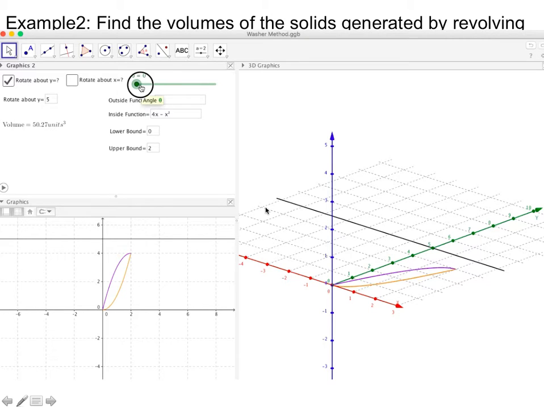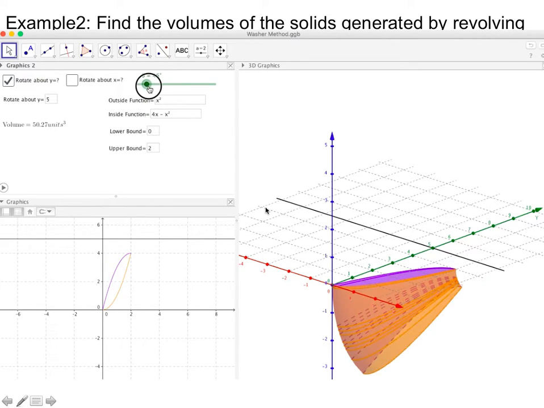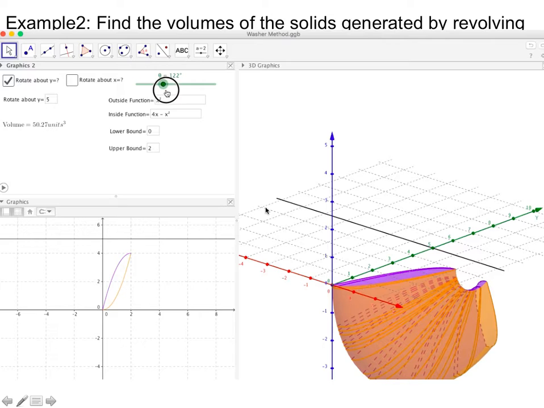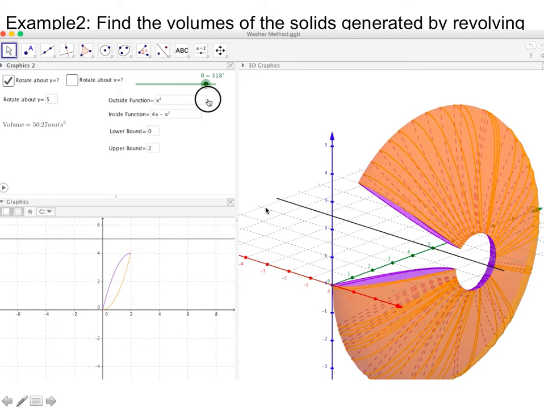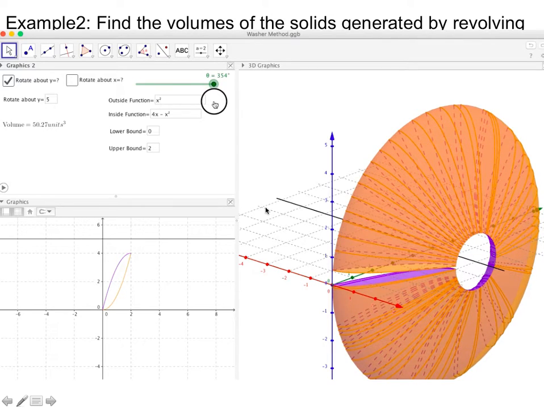As we revolve this around the line y equals 5, we get this shape that kind of looks like a flat, almost like a skittle with a hole through the middle.